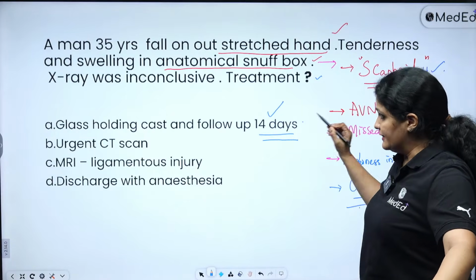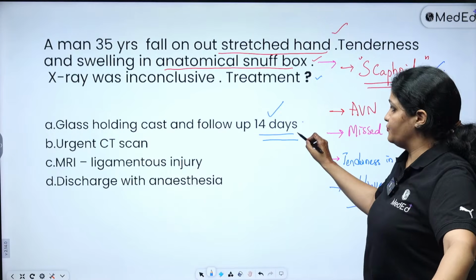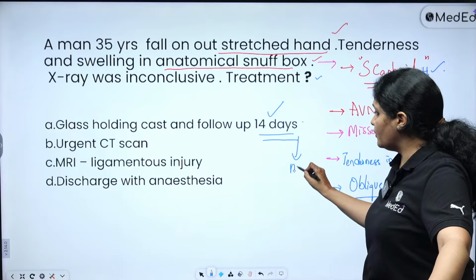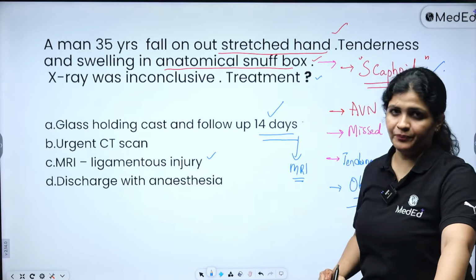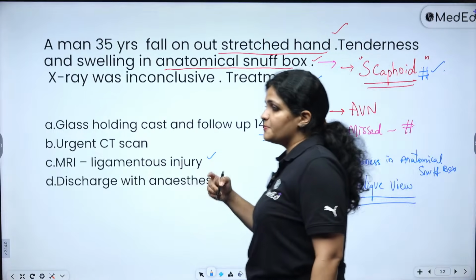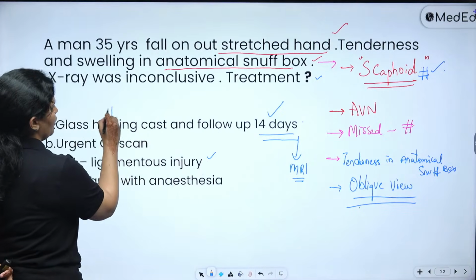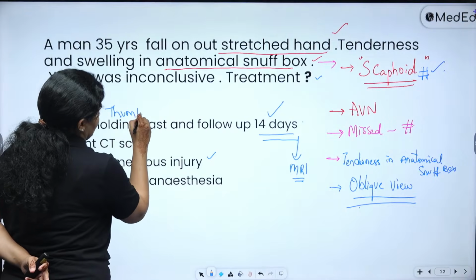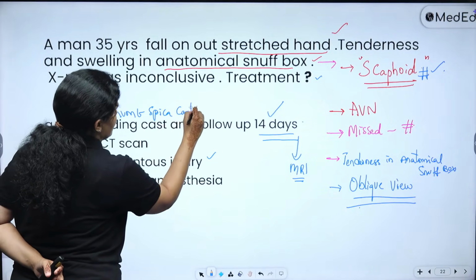Okay, and then if the patient is still not happy even at the follow-up, you go for an MRI and then you will identify it as a ligamentous injury. But for now the answer remains the cast, a thumb spica cast or a glass holding cast, and you have to come for follow-up after 14 days. Okay. Right, Arya, is that clear?